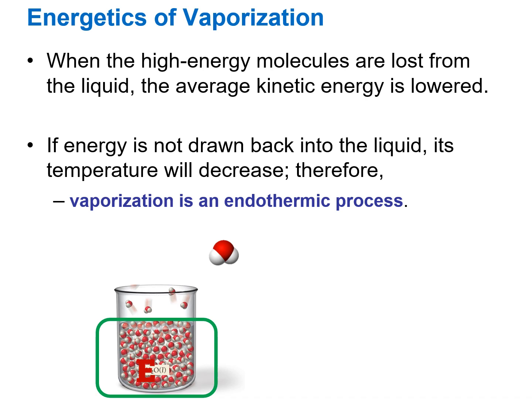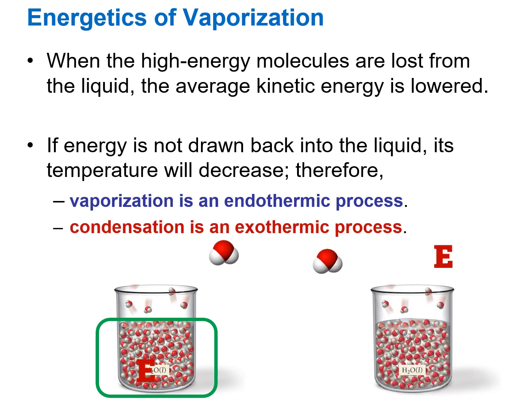Now, the opposite of vaporization is condensation. And this is an exothermic process. And in this scenario, what we're talking about is what's happening outside of the liquid with the molecules that have just become vaporized. So we're looking at the water vapor that has just formed. And this is considered an exothermic reaction. Condensation is considered an exothermic reaction.